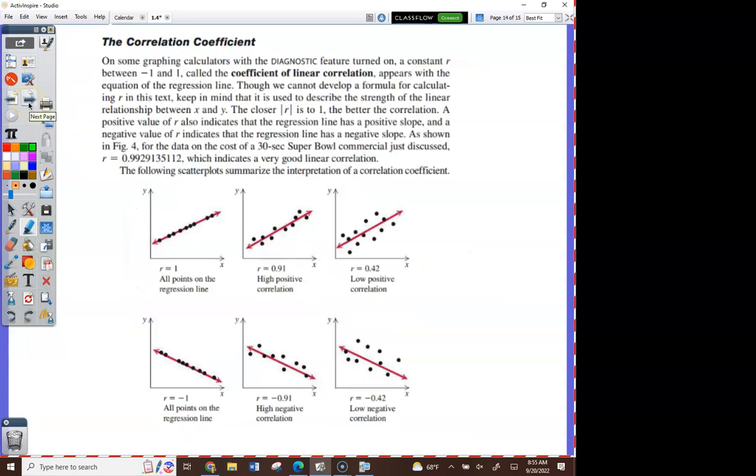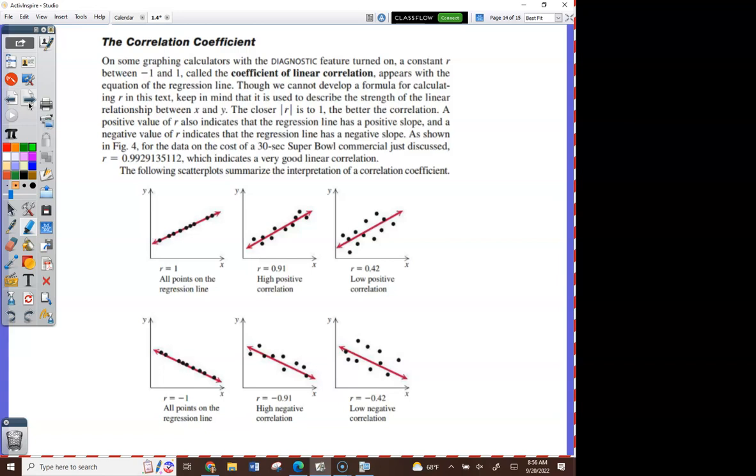Correlation coefficient. You should recall this from statistics if you've ever had that. Basically, someone said, hey, we need a way to talk about when the data is all over the place, or when the data looks like it almost lines up right on the line of best fit. We need a way to talk about it that's not subjective, where you just say, oh, it looks really good, or it's all over the place.